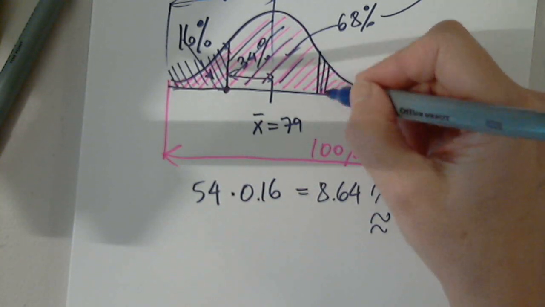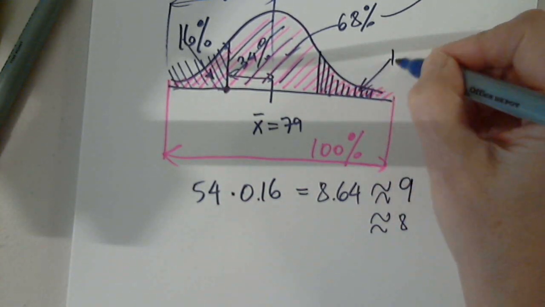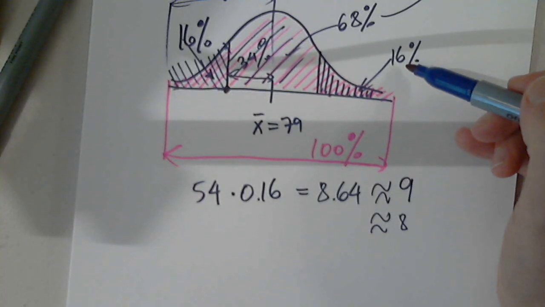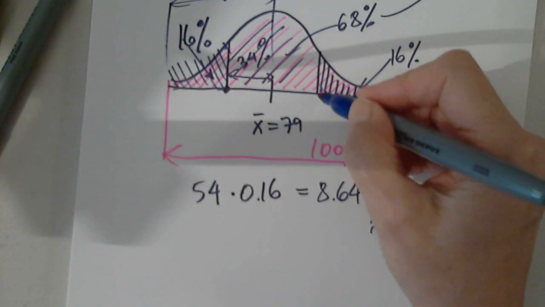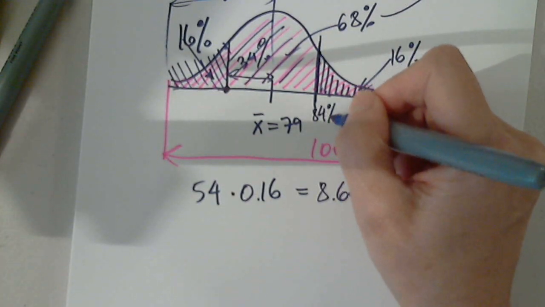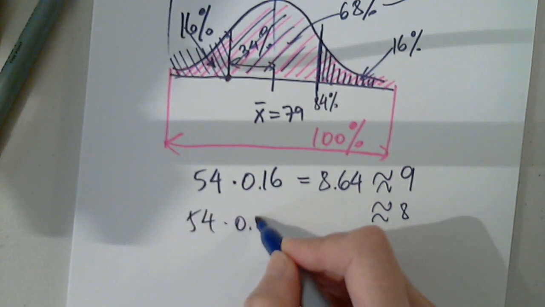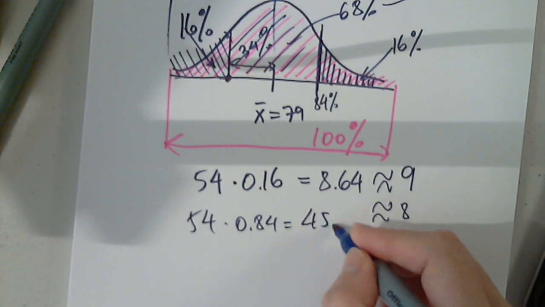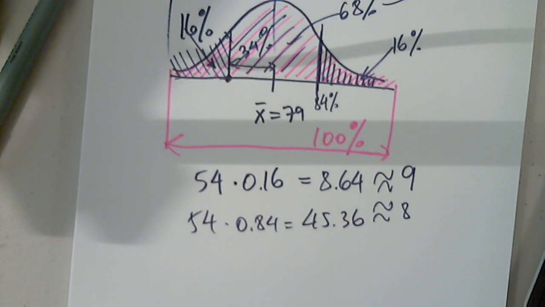Also here, this piece has 16%, but from 100, when I subtract 16, I get 84, right? So this should be at 84%. So 54 multiplied by 0.84, I get 45.36.